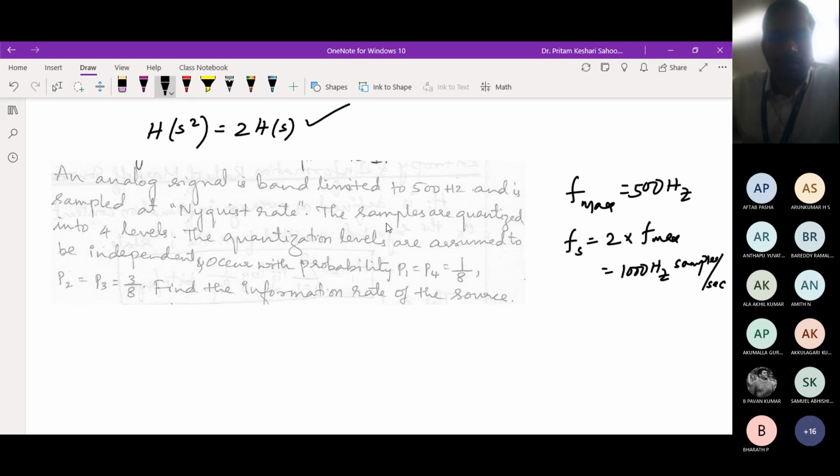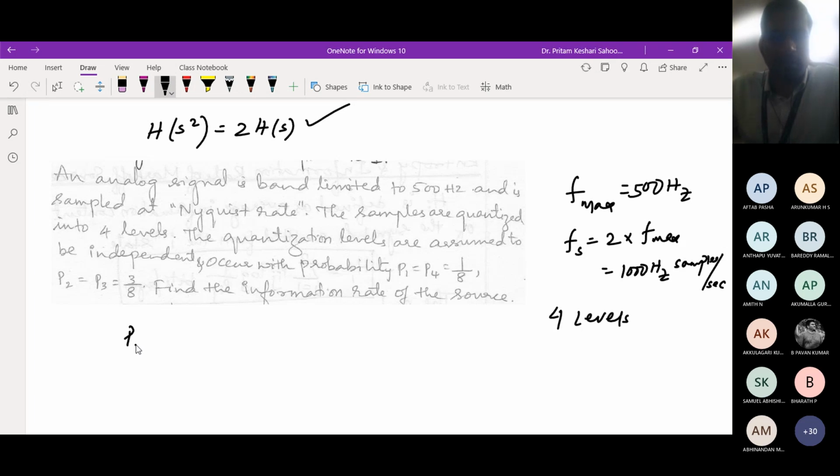Okay, and the samples are quantized into 4 levels. How many levels do we have? We have 4 levels of quantization. Please note it. The quantization levels are assumed to be independent, and occur with probabilities given: P1 and P4 are 1 by 8, P2 and P3 are 3 by 8.